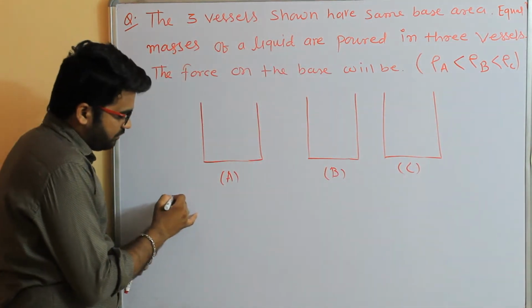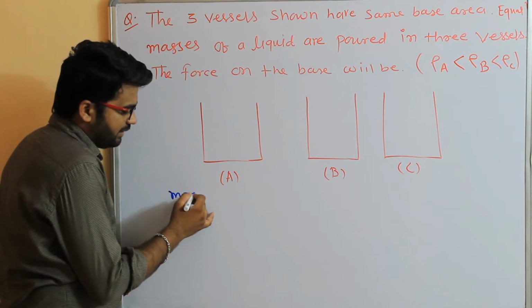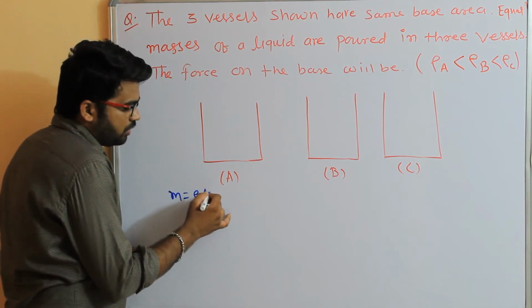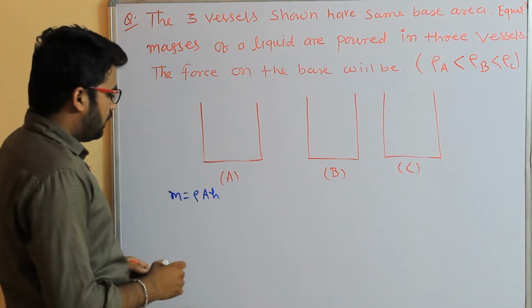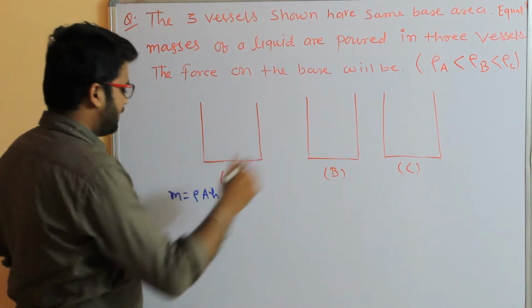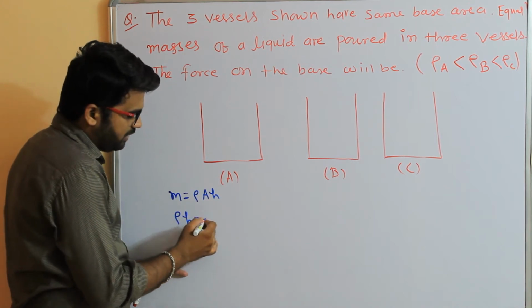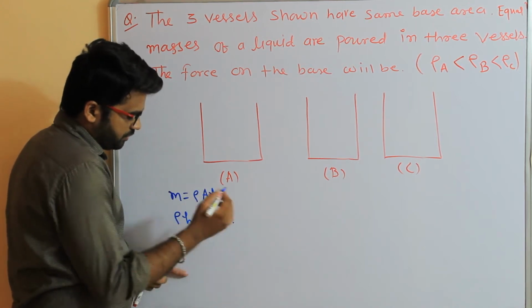We know mass is nothing but density into volume, density into area into height. Now as masses are the same and the area is also the same, rho into H will be constant.